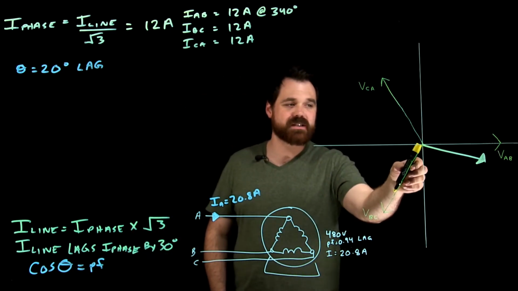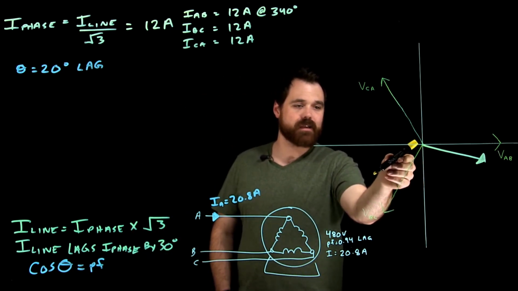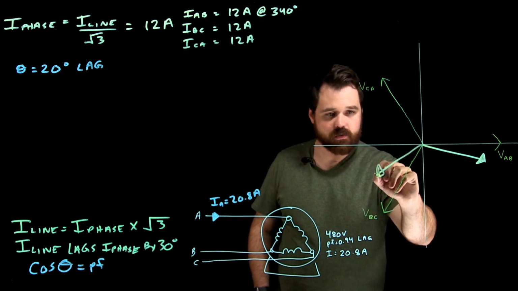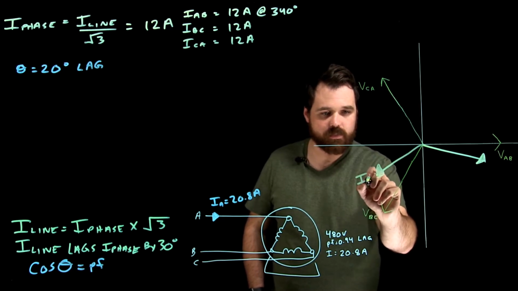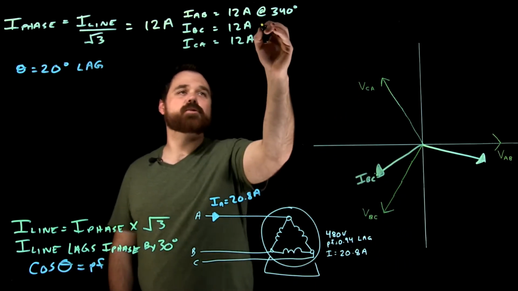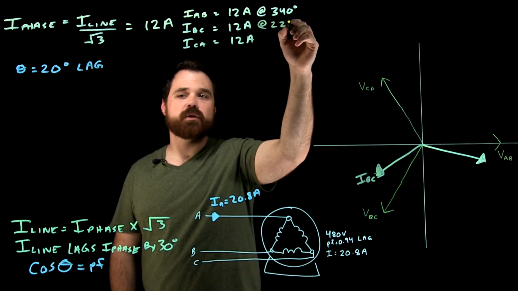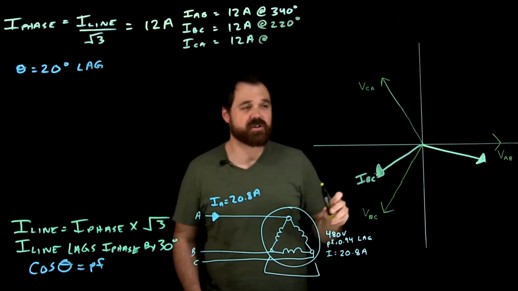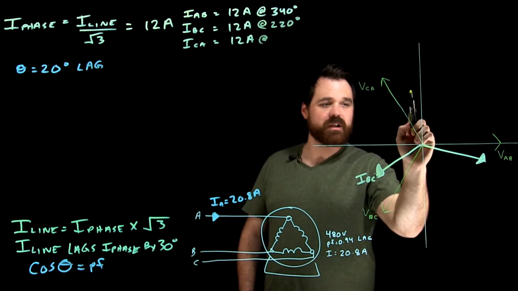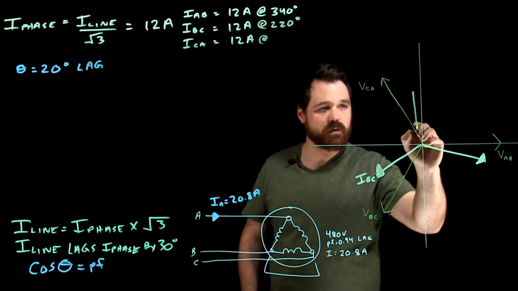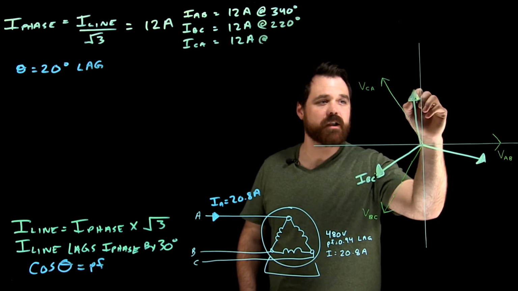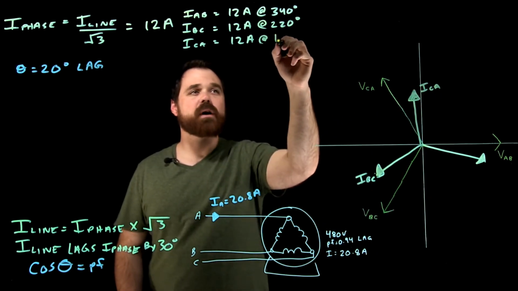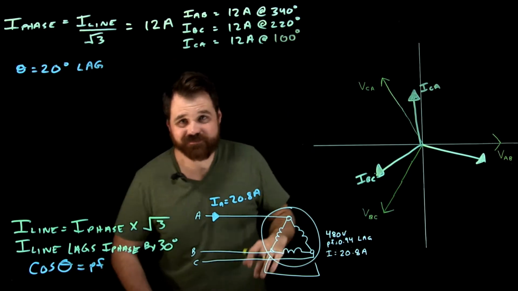We do the same thing for all of them. My volts B to C is here. My current would be lagging by 20. That would put us here. That would be I B to C, which would put it at 220 degrees. And we do the same thing for the voltage across C, lagging by 20, puts it here, which means that my current IC to A is at 100 degrees.